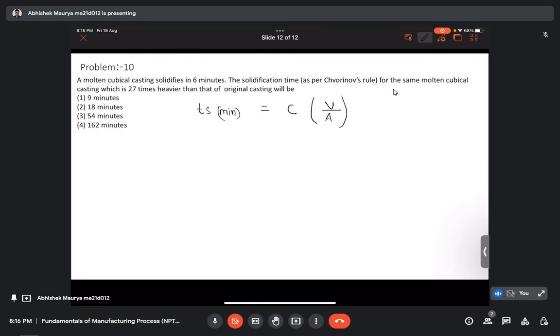where V is the volume of the casting region and A is the surface area of the casting region. If we are calculating for the riser, then V will be the volume of the riser, and A will be the surface area of the riser, and C is the mold constant.